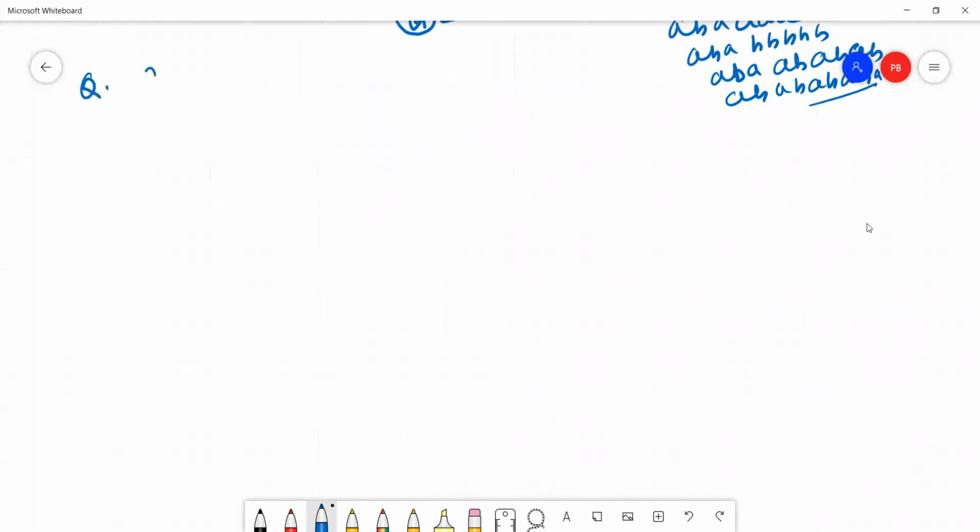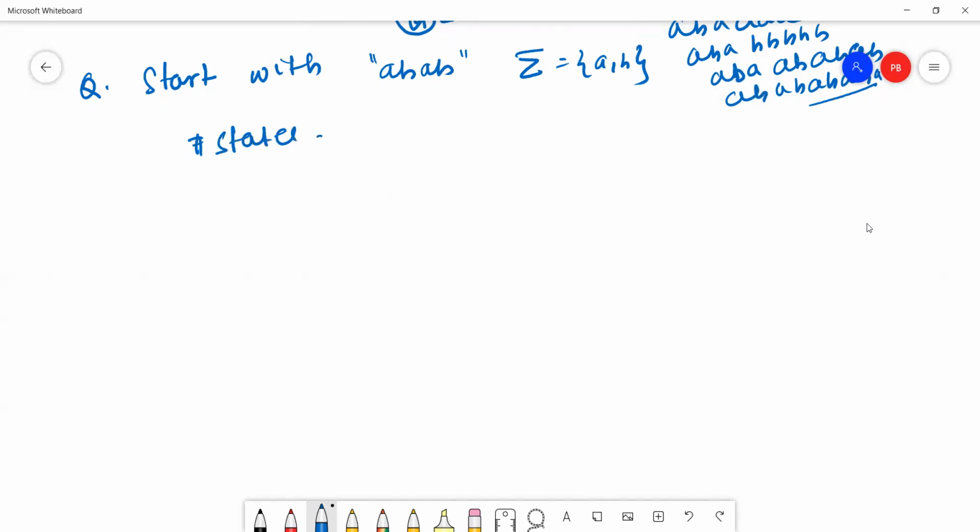Next question: start with ABAB over the input alphabet {A, B}. Now identify the total number of states. The minimum length string is 4, plus 2, equals 6.